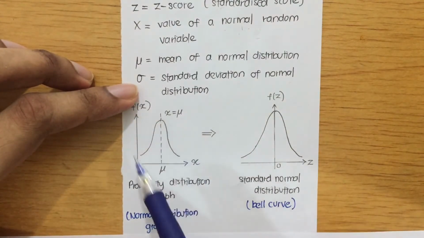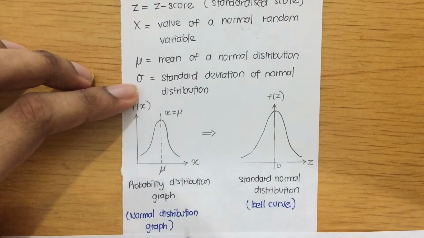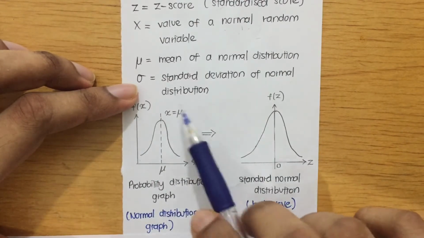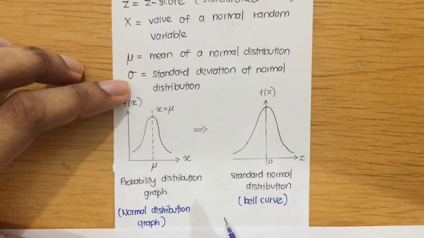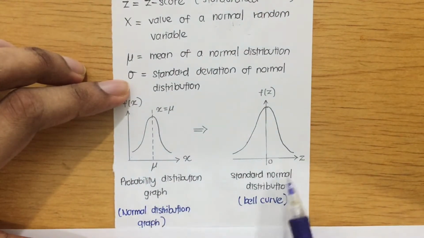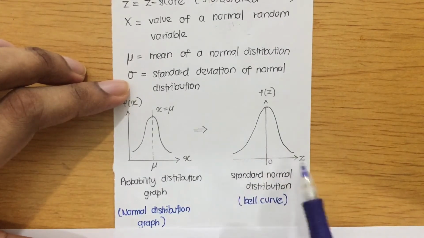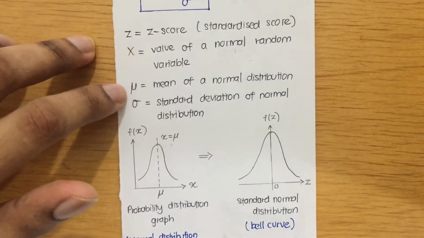To calculate this probability, sometimes it can be very difficult since we don't have a definite function over here. We don't have a proper reference on how to calculate a probability, the area under the graph. So what the mathematicians do is convert this probability distribution graph into a standardized normal distribution, which is the Z term, so that anyone can use this bell curve to calculate the respective probability, provided that you have sufficient information such as the x value, the mu value, and the sigma value.